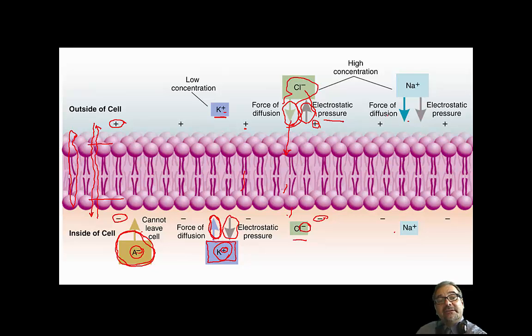What is really interesting is that sodium has two pressures working on it. Sodium wants to go into the cell because of the force of diffusion, and also wants to go into the cell because of electrostatic pressure. So both forces are working on sodium.